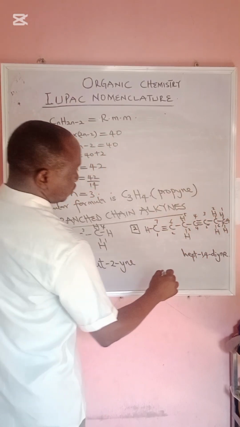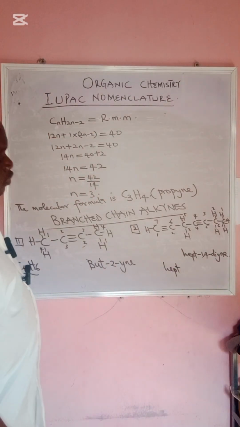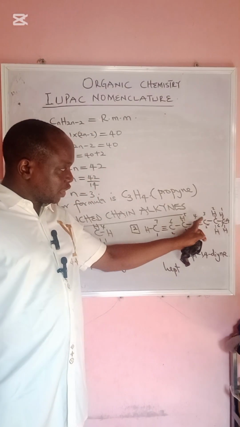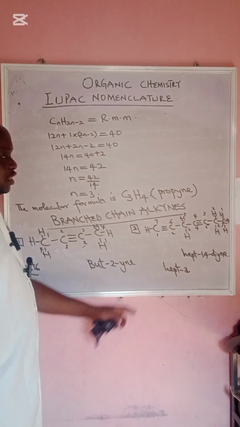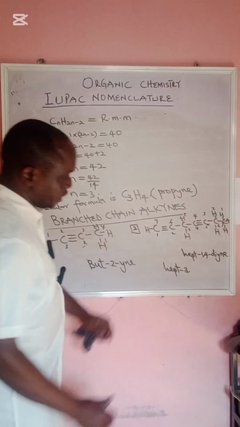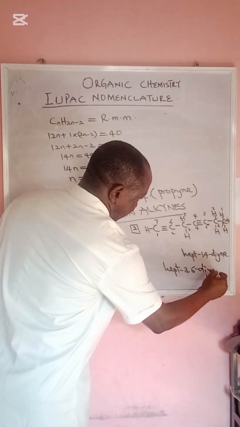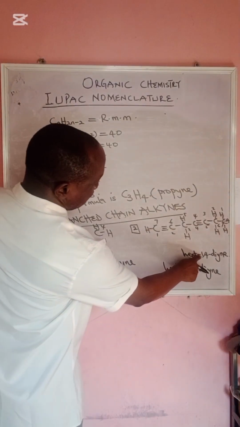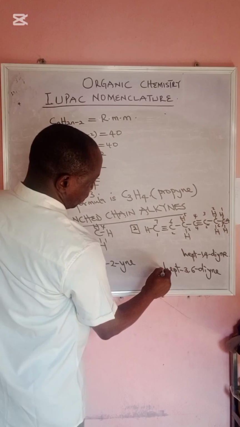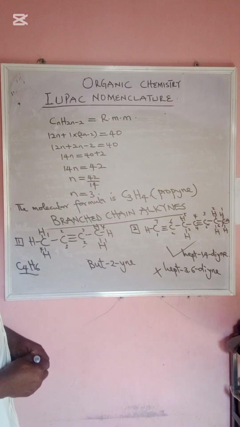So we have the chain of 7. The triple bond is between 3 and 4, so I will take 3. The other is between 6 and 7, I will take 6. So it will be 3,6-diyne. This one is wrong, this one is correct. So it's hepta-1,4-diyne.